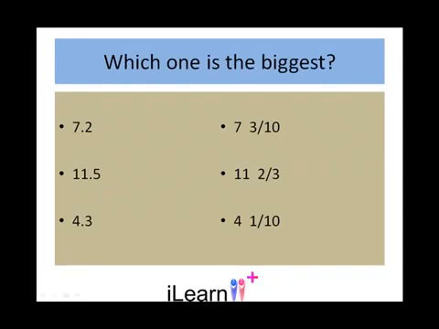Which is the biggest? 7.2 is smaller than 7 and 3/10. 11.5 or 11 and 2/3.